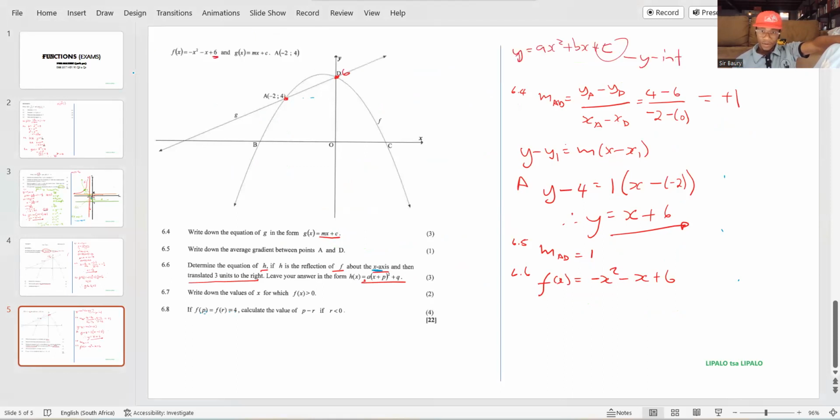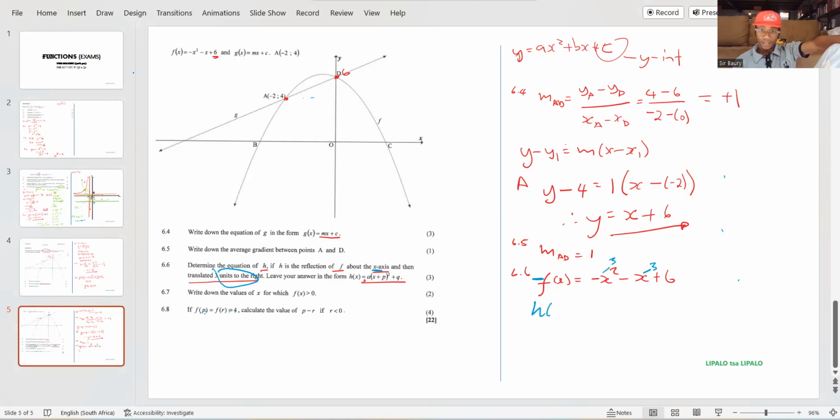X-axis. This is going to become negative, right? And then if I'm moving 3 units to the right, I'm going to subtract from here. So I subtract negative 3 here. I also subtract negative 3 here in the place of x.